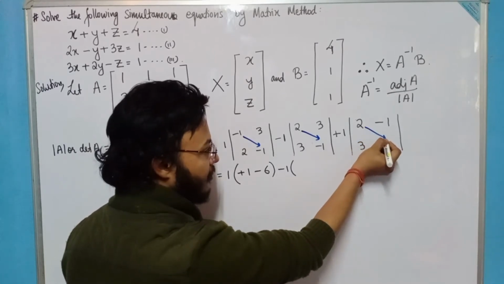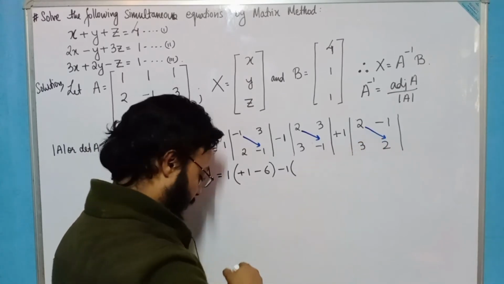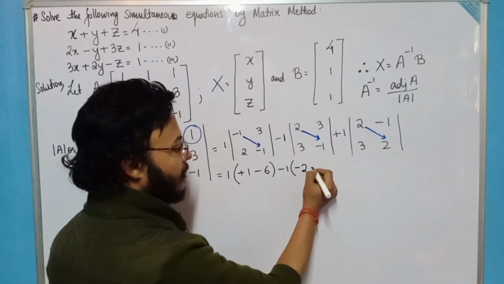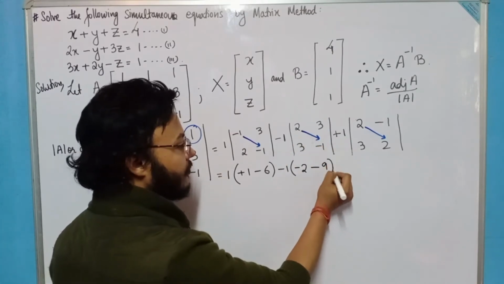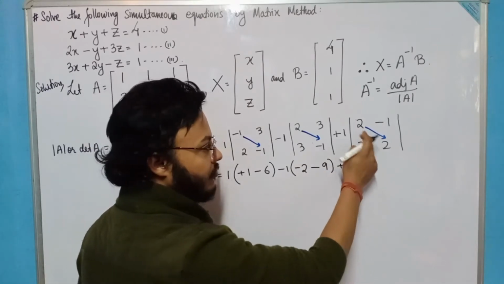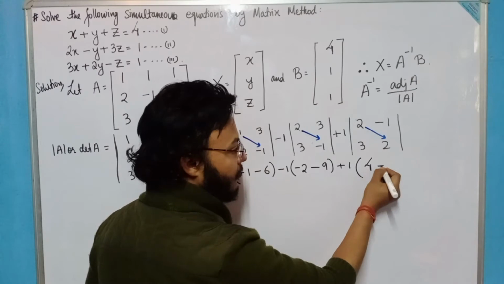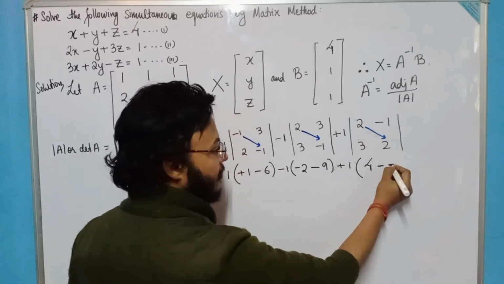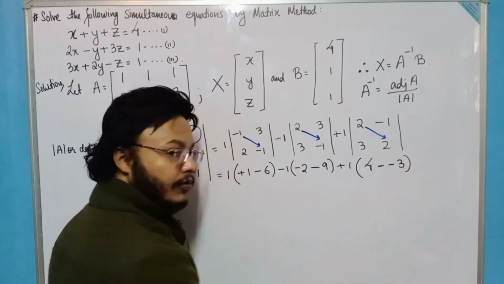If we make an arrow, there is less chance of mistakes, so please make an arrow. So minus 2, minus 3 3s are 9. This is the minus formula. Now plus 1. 2 2s are 4. The formula is minus, and this into this is plus, minus is minus, 3 1s are 3. Hope you are clear with this.